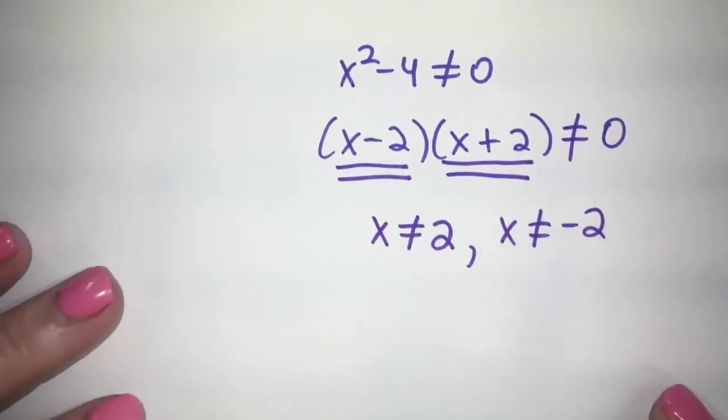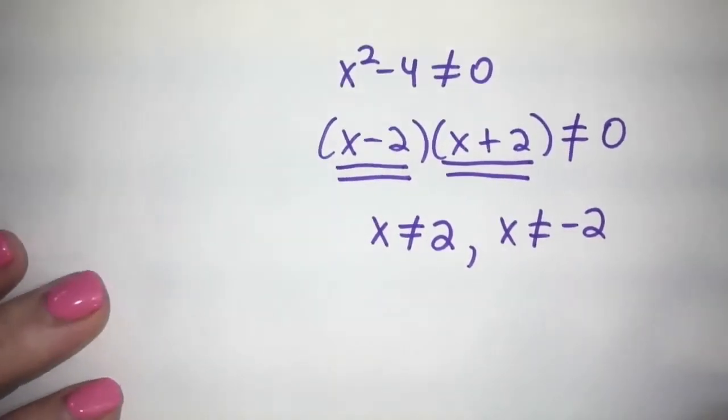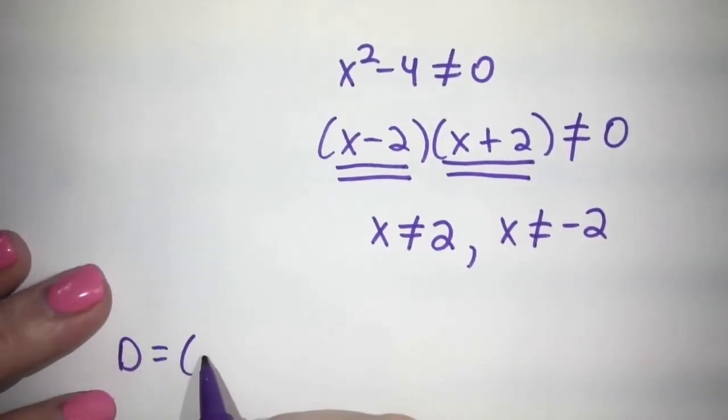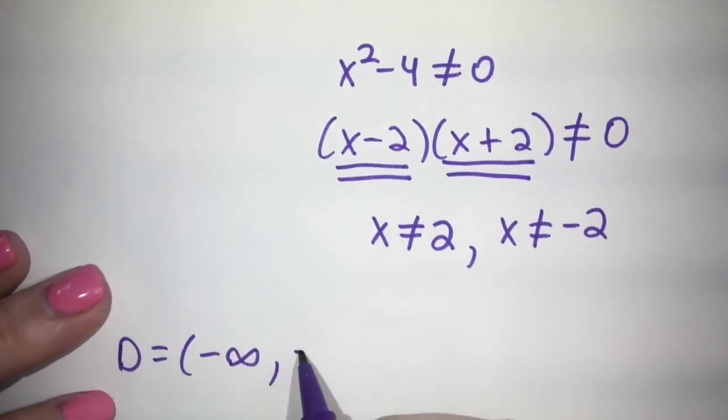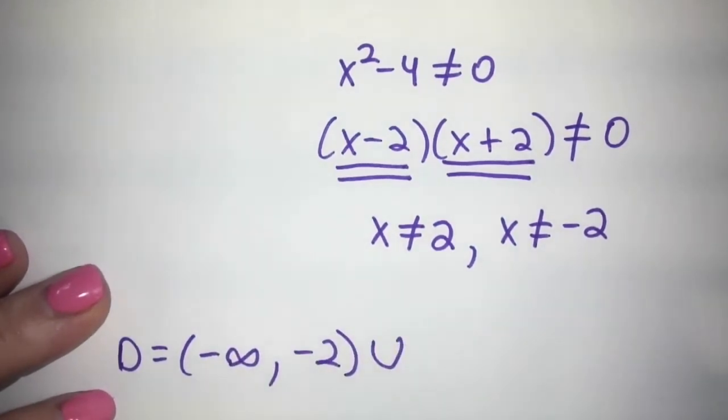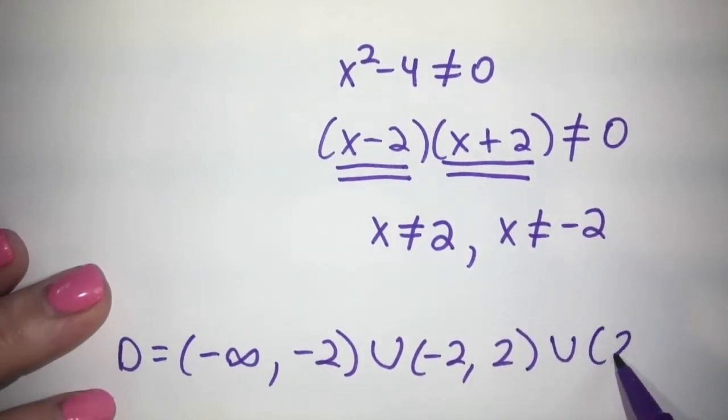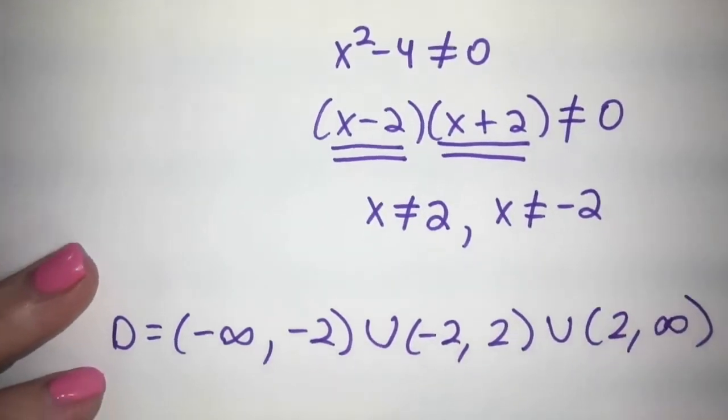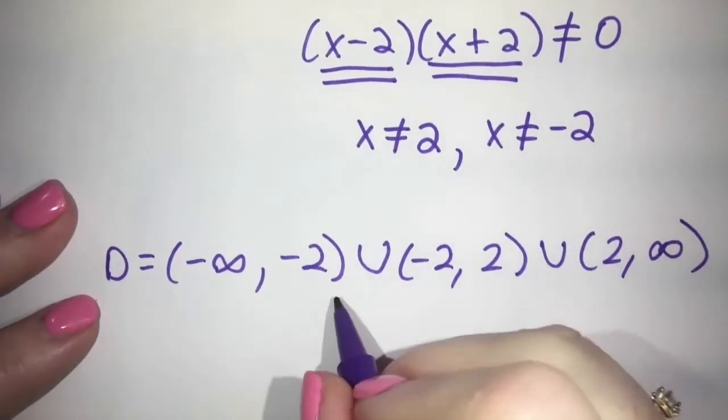And instead of just writing it like that, they make it a little confusing. They'll write the domain as from negative infinity up to negative 2, union, meaning or, negative 2 to 2, or 2 to infinity. All of these round brackets mean that the number is not included.